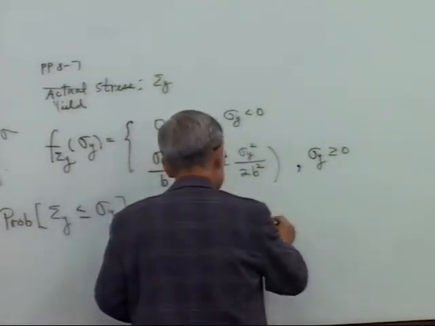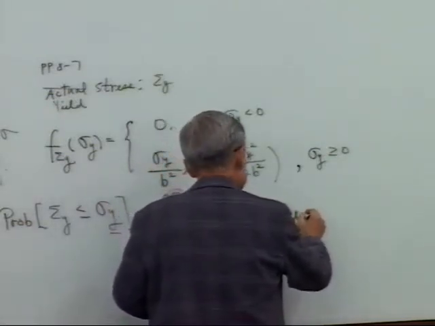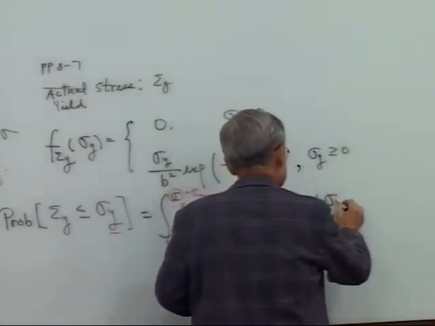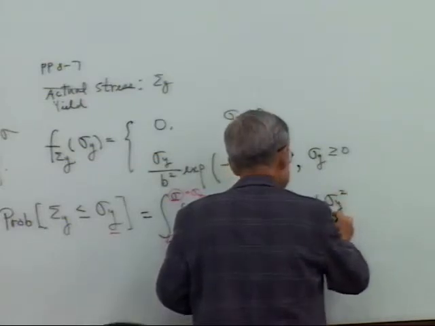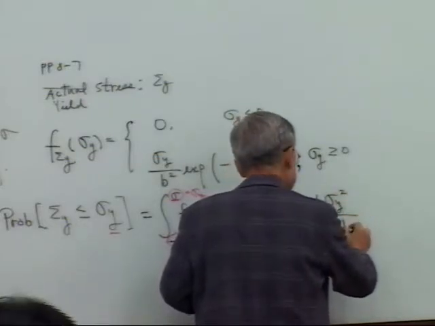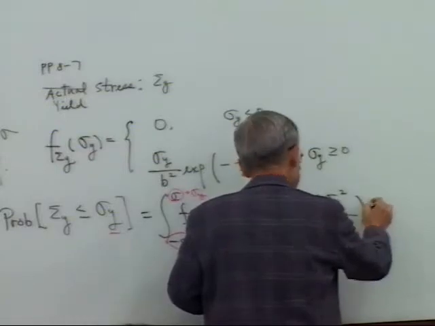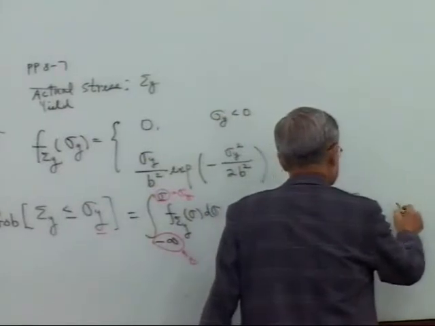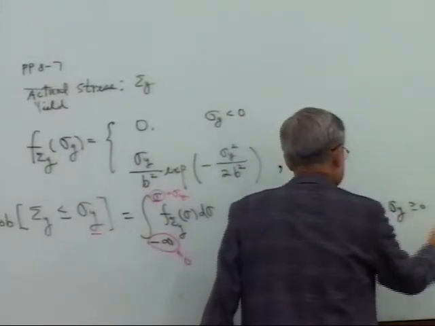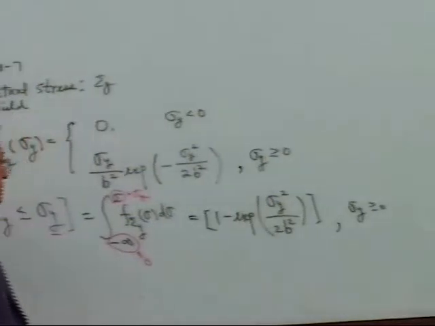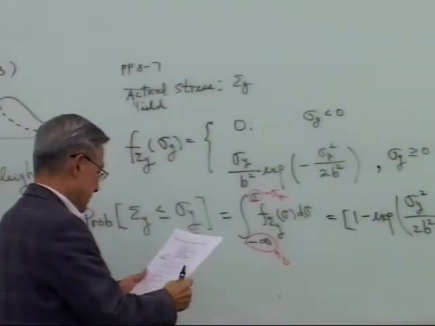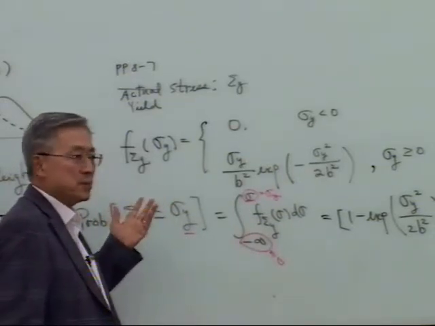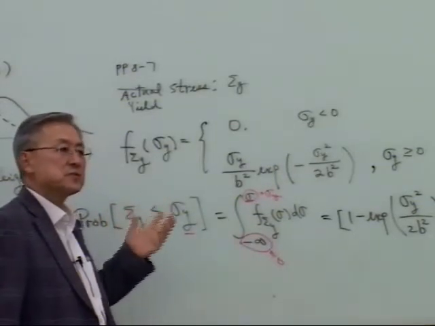If you do that, you have 1 minus exponential function of sigma y squared. That's about all you're going to have. Now you have a probability distribution function for the yield.